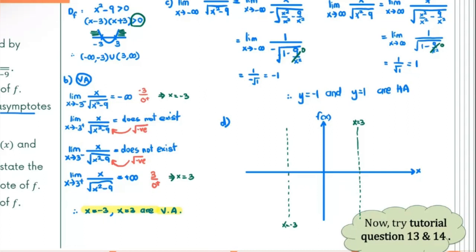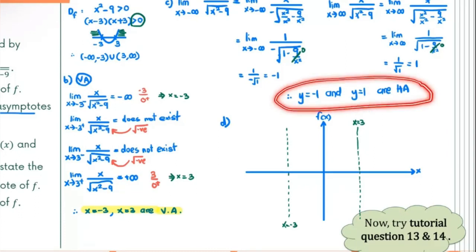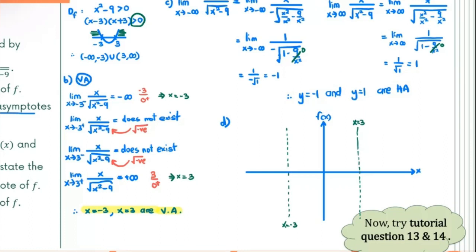Okay, seterusnya kita akan sketch pula untuk y equals to negative 1 and y equals to 1. So here saya letak y sama dengan 1 and here saya label untuk y sama dengan negative 1. Okay, let's look at our domain. Domain kita adalah negative infinity until negative 3 dan 3 until infinity.